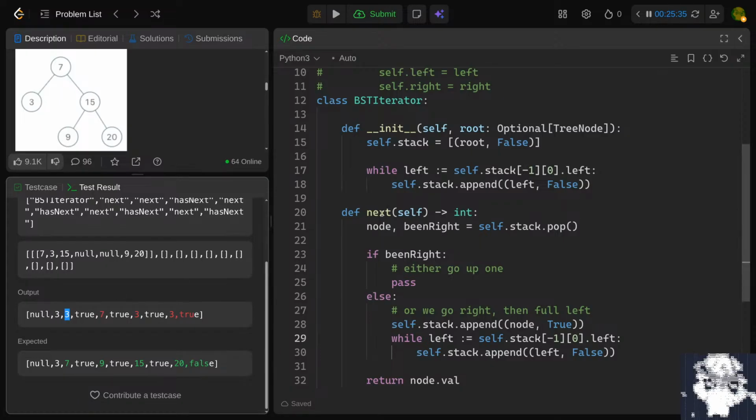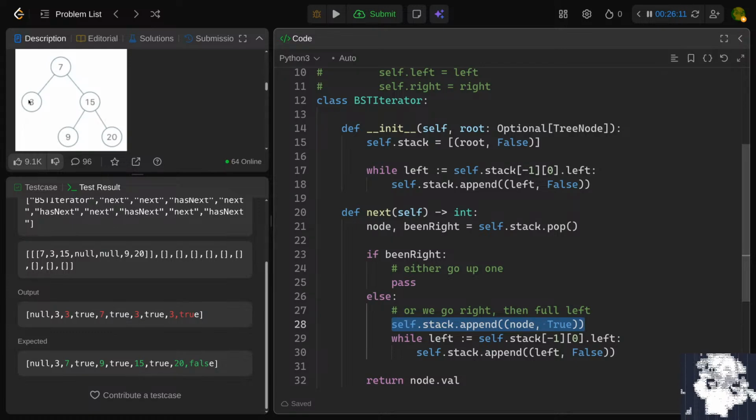So the first next, then right should be false. So we should go into the else. In the else, we put ourselves back in the stack. Wait. Because we start all the way, well, I guess in this example, we start on 3.